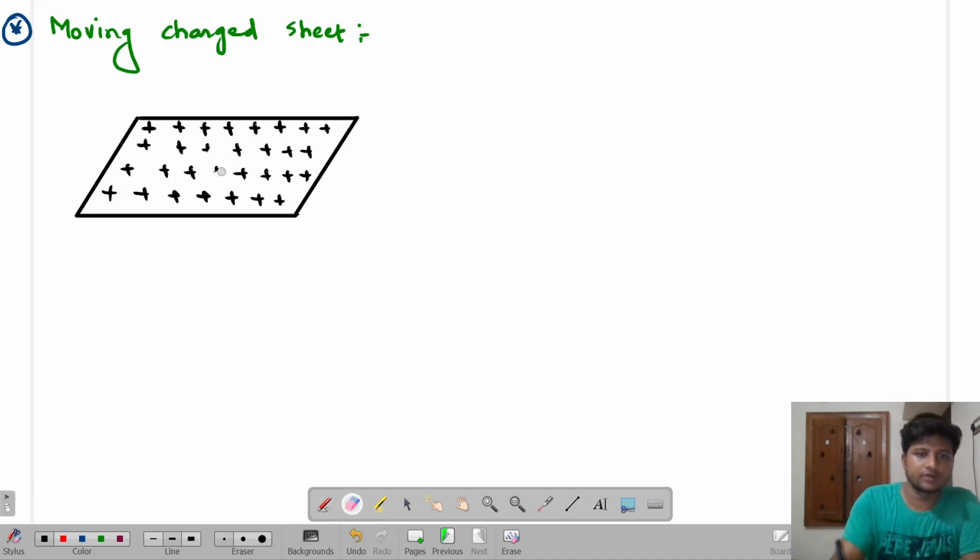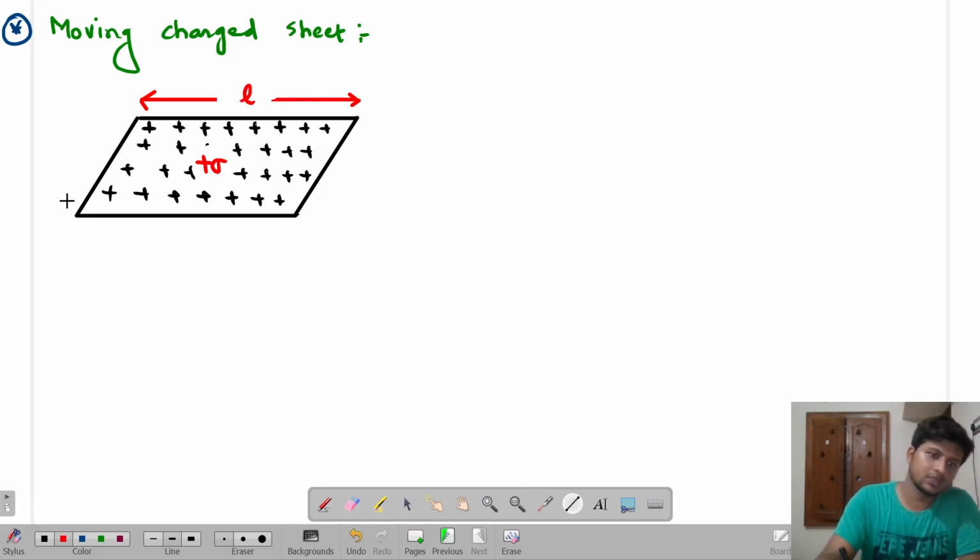So basically, look over here. If this is a charged sheet, then it has a uniform charge density sigma. Got it or not? You consider it to have length L and this to be breadth B. Got it or not?